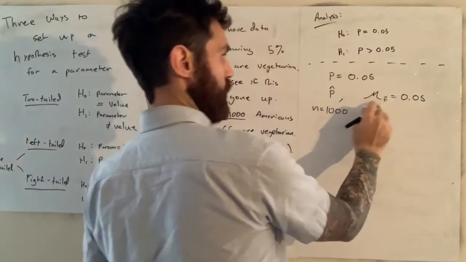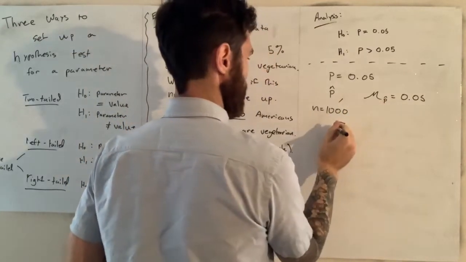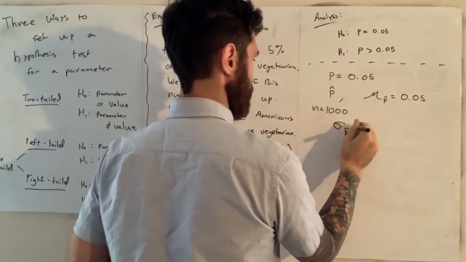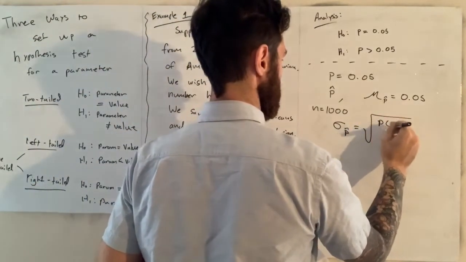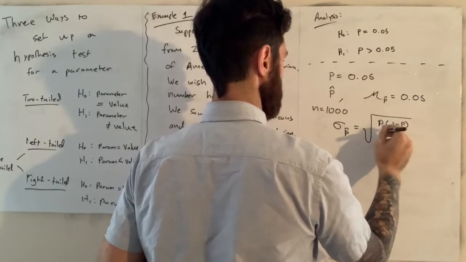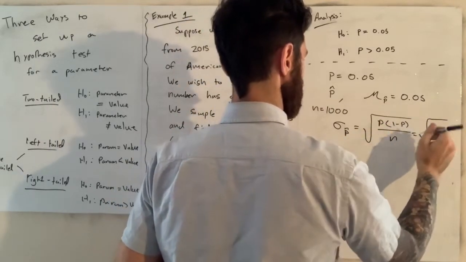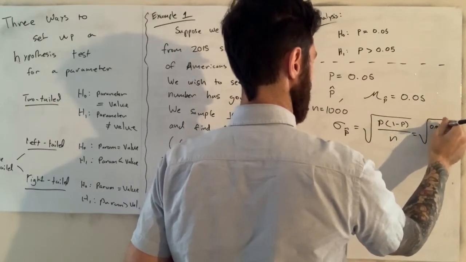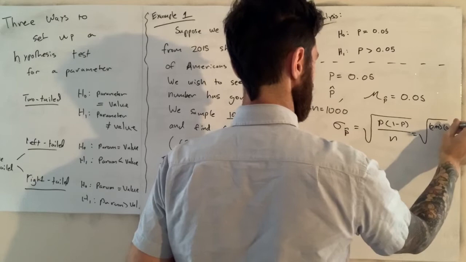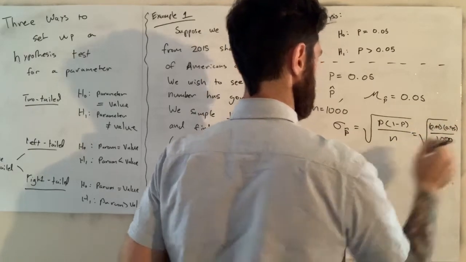This mu of p hat is 0.05. And we can figure out the standard deviation of p hat. Remember, that looks like this: the square root of p times 1 minus p over n, which is the square root of 0.05 times 0.95 over 1,000.